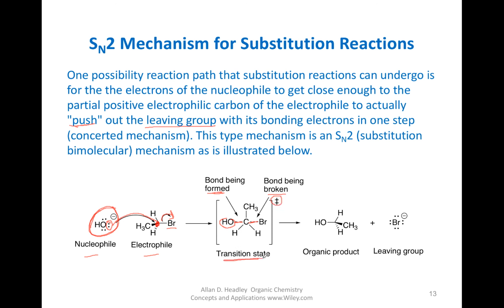After the transition state is formed, we form the product with a new bond, and this leaves as a leaving group. So once again, the nucleophile must come in and attack the electrophilic carbon, and the bromine leaves to form the leaving group and our organic product in one step.